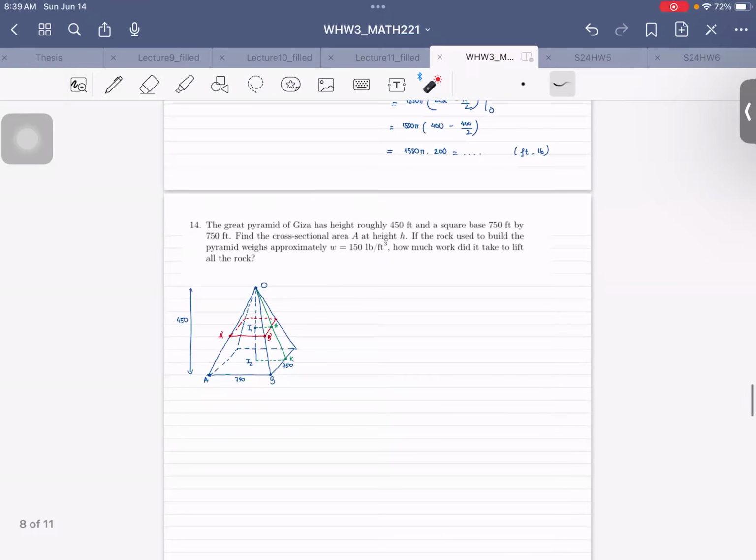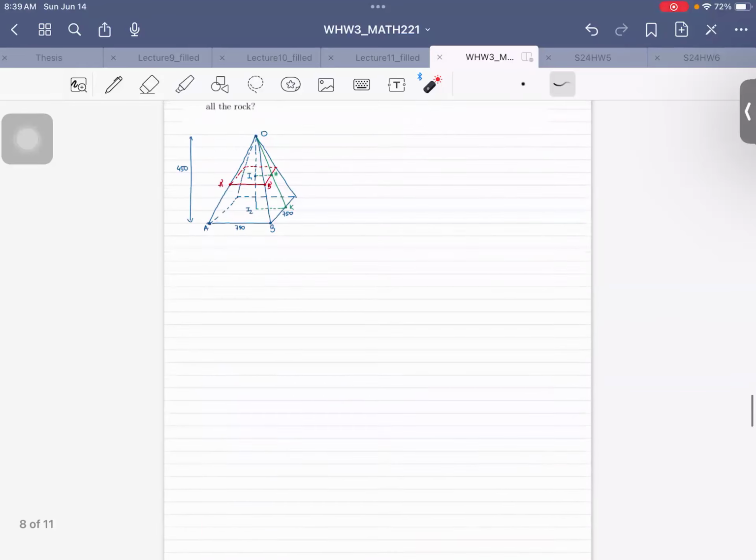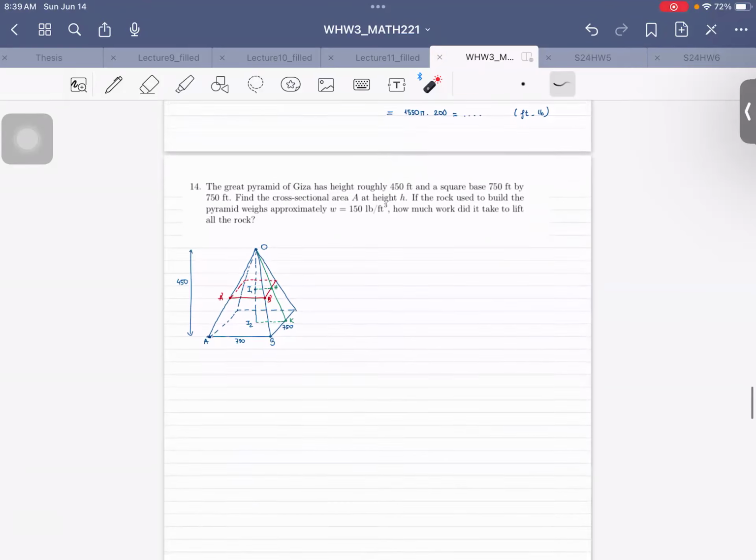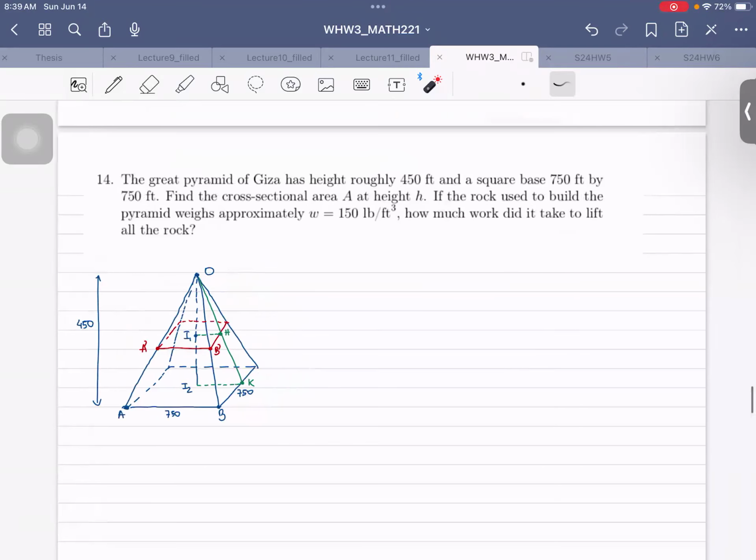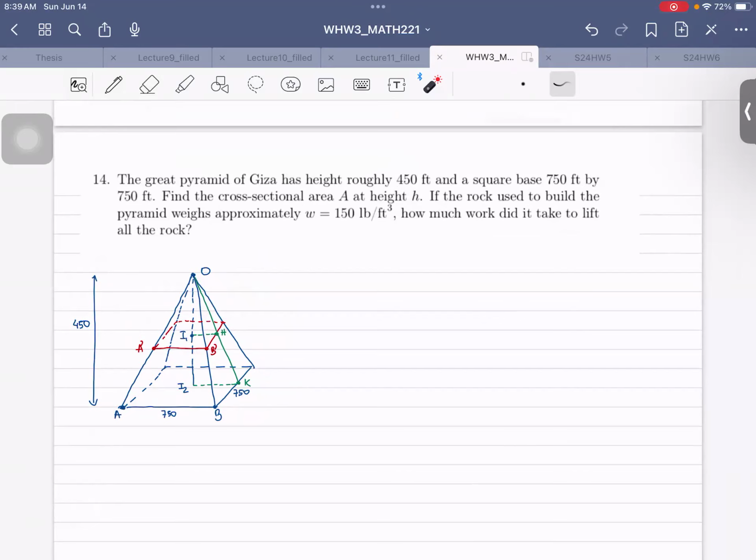Okay, so let's go to question 14, the last problem on the work. In this problem, the question is saying that the Great Pyramid of Giza has a height of roughly 450 feet, and it has a square base, which is 550 times 550.